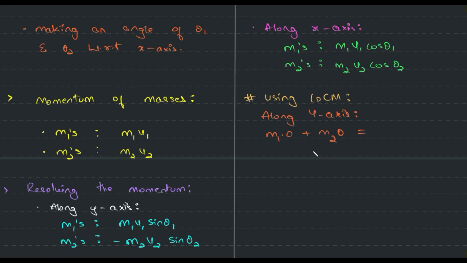This should be equal to m1 v1 sine theta 1 minus m2 v2 sine theta 2. It has to be so, because there was no momentum along the y-axis, so these two have to be equal to each other. So this is equation 1.